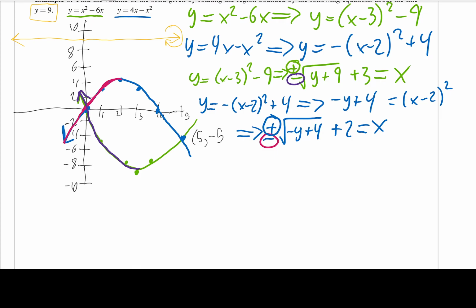Right. And remember that our integral is supposed to be right minus left. So what I see here is that if I do right minus left right here, then that's going to be green minus purple. Okay. If I do right minus left right here, that's going to be blue minus purple. If I do right minus left right here, that's going to be blue minus plum.